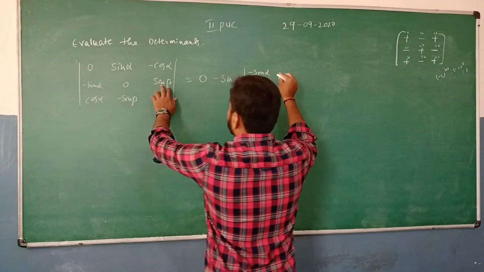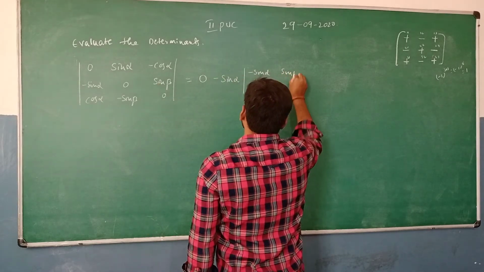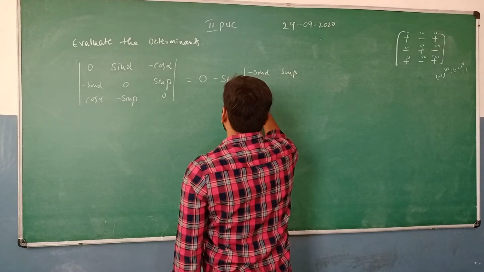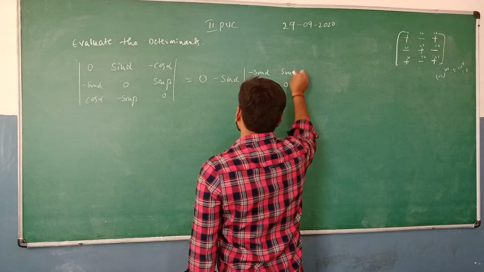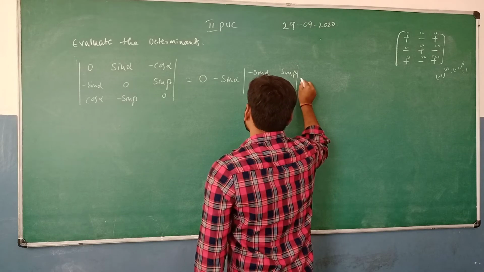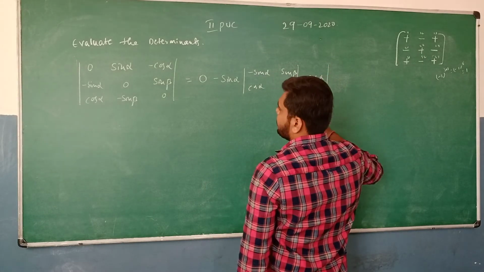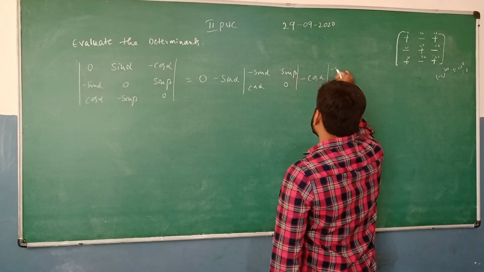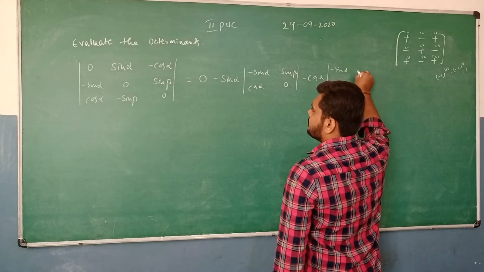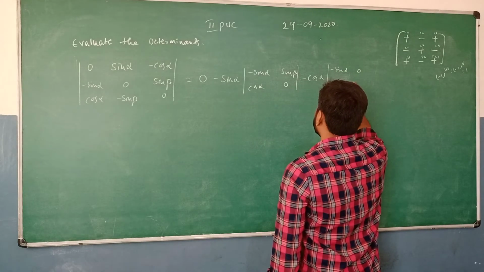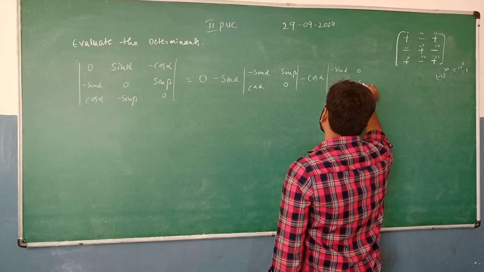Here sin beta, and cos alpha again is going to be 0, so then minus cos alpha. So that's going to be minus sin alpha, 0, cos alpha, minus sin beta.